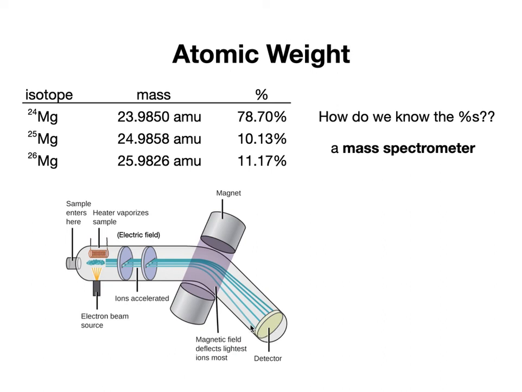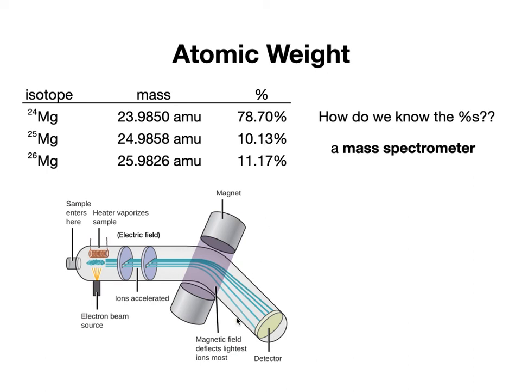Every time an ion hits the detector, you can measure that. And so by measuring the total number of hits on the detector, and by measuring the number of hits of each isotope on the detector, you can very easily get these percentages.